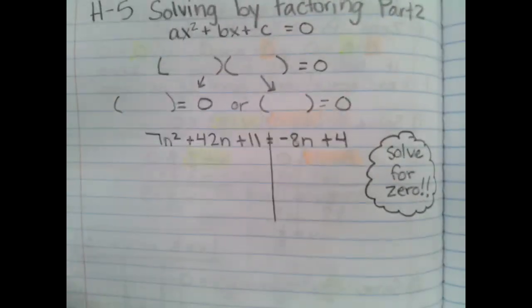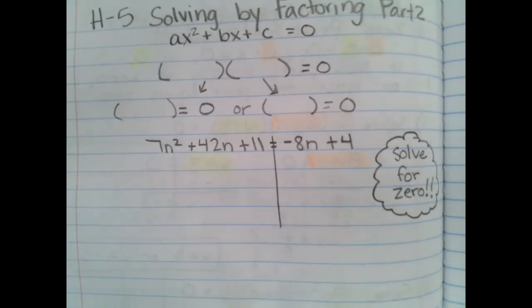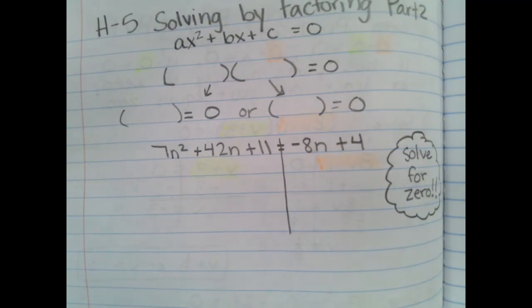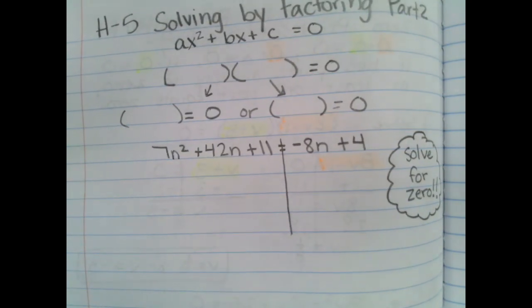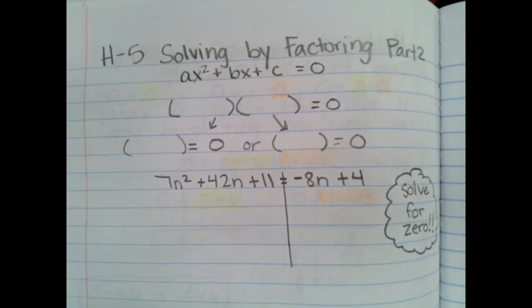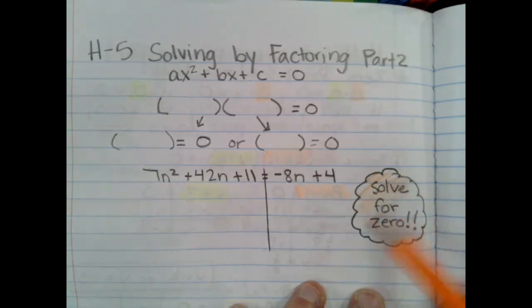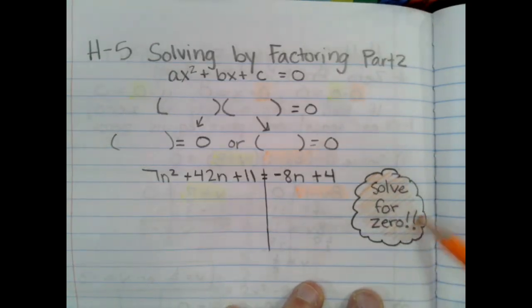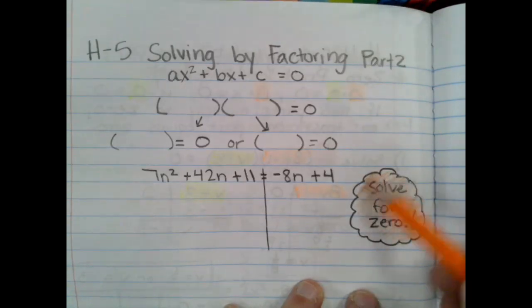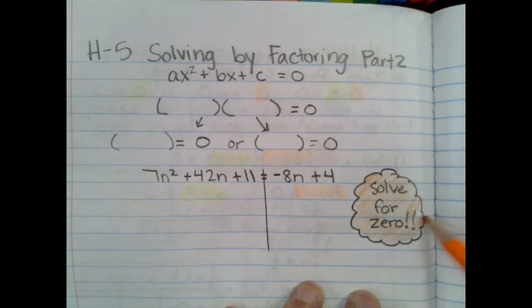That's our new step today. If you want to make that nice and big, underline it, highlight it, you could color that in. That's the big new idea today, is that we have to solve for 0.